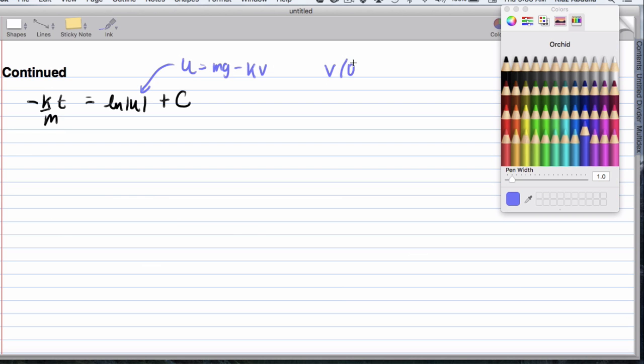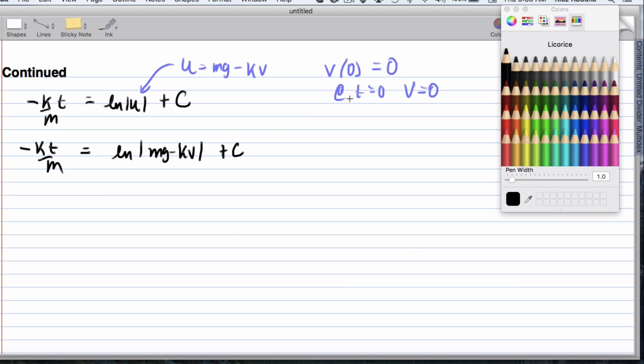I also want to remind you that v of 0 equals 0. So at t equals 0, v equals 0. Let's take all that into account. So we're going to say negative kt over m equals the natural log of mg minus kv plus c. Basically, we're going to use this to solve for c.